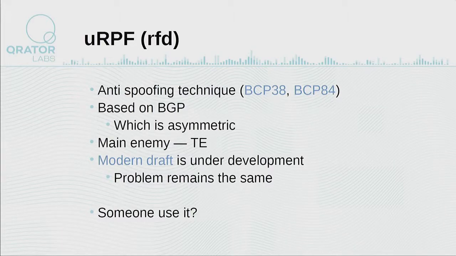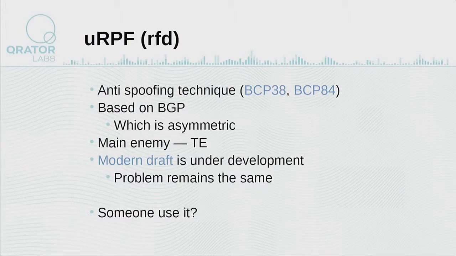The most recent draft is trying to solve this problem, but unfortunately there are corner cases when a link is used completely as a backup and the operator doesn't announce any prefixes on it, and this particular case just ruins this draft.